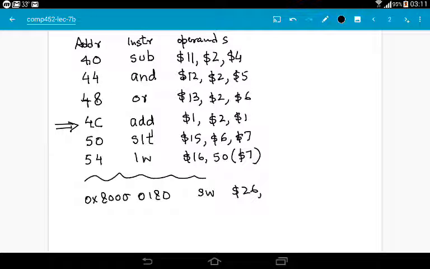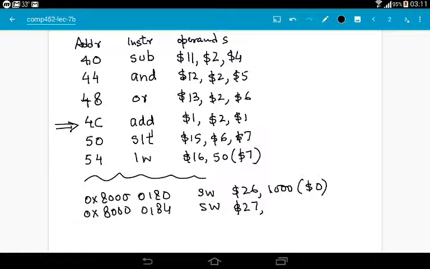This is just an example. At the very next address we have another store word. You can look up register numbers 26 and 27. What are their names?